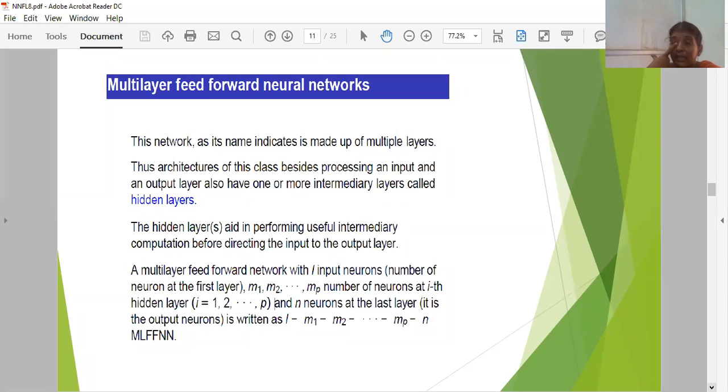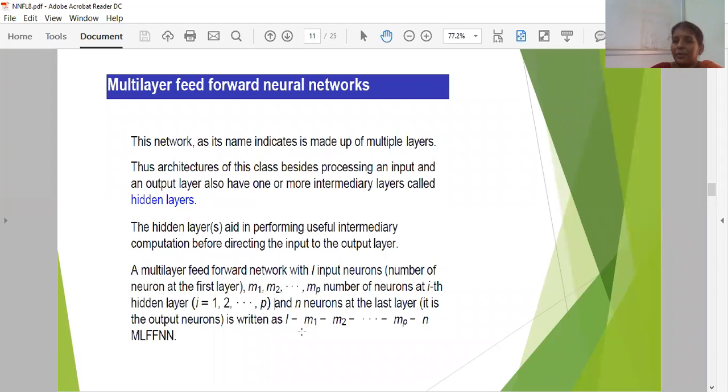So, suppose in the feed-forward neural network, you have L input neurons. The number of neurons at the first layer is L. In the hidden layer, if you consider P neurons, and in the last layer, N neurons.